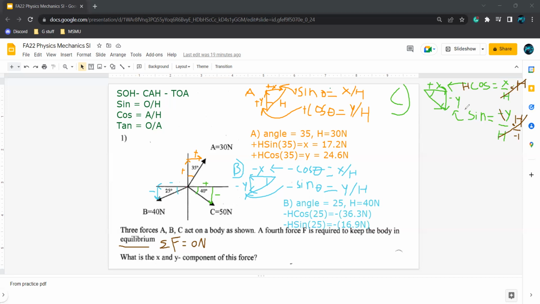H, multiply this by, and that gets you negative h sine is equal to y. And then from there you just plug that in again.